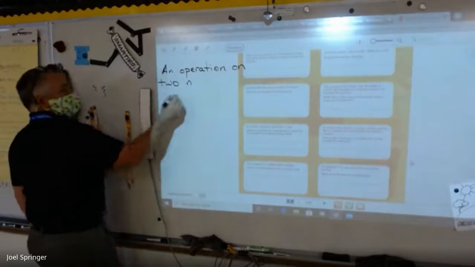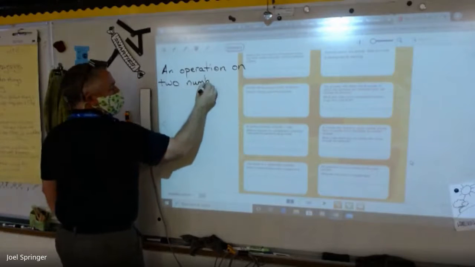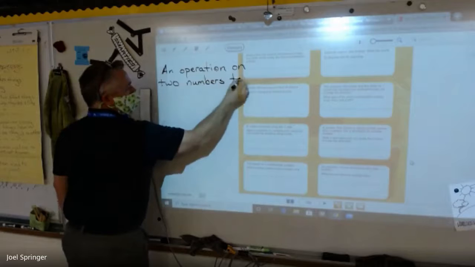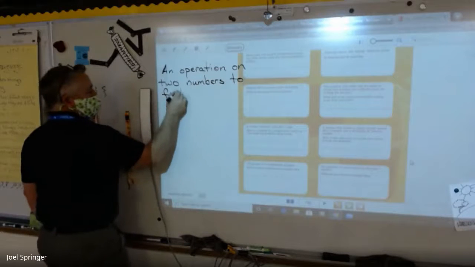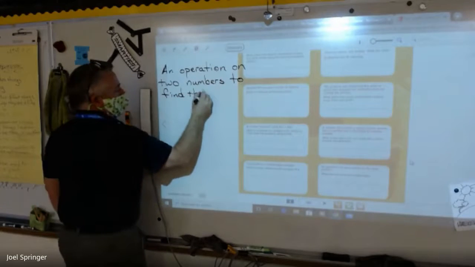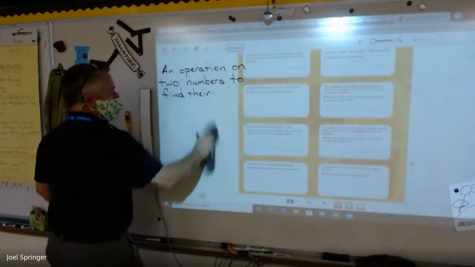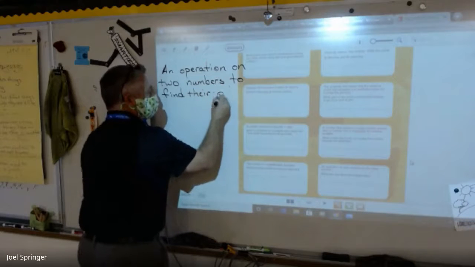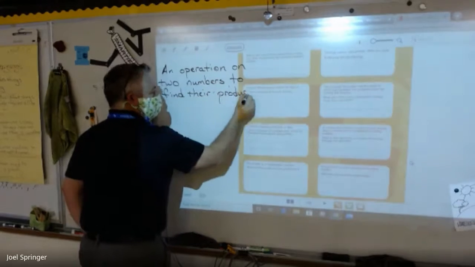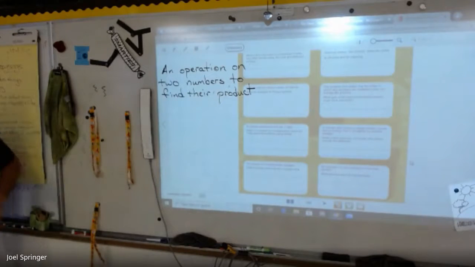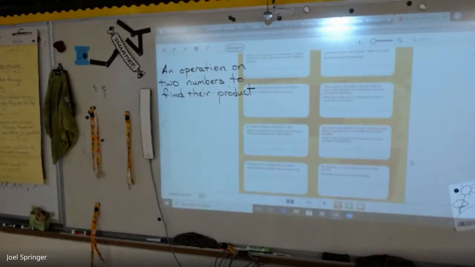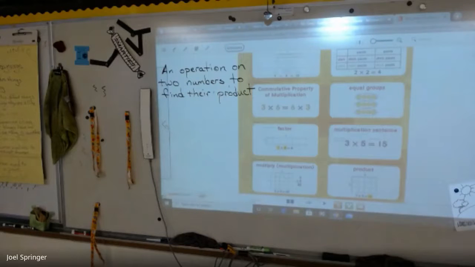Okay, an operation on 2 numbers to find their product. That's multiply, multiplication. The one that looks like this down here.